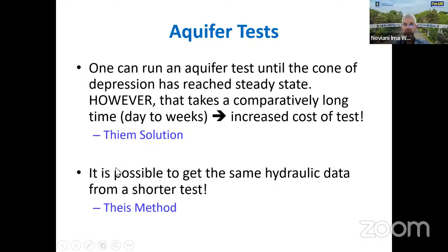And I can do the same, but I can run the test much shorter, let's say 1 day or 12 hours. That would be so much easier because I only have to sample for 12 hours instead of 2 or 3 weeks. So let's focus on short hydraulic tests that we can evaluate with the Darcys method.